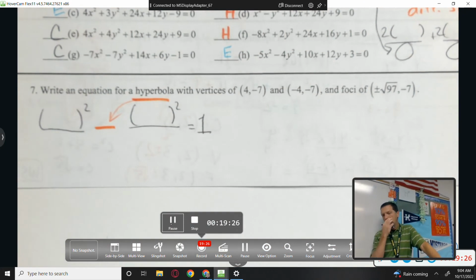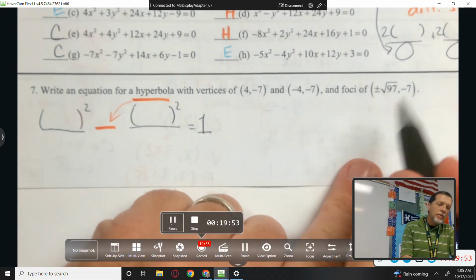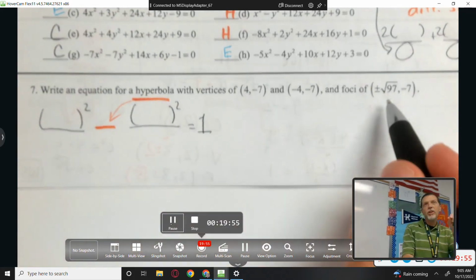With this one, would you not be able to find the center from the foci? It's a little bit harder to find the center from the foci on this one. Like, it's not in order, right? What do you mean it's not in order? Doesn't the plus or minus square root of 97 usually go like this? No, the plus or minus square root of 97 goes on whichever coordinate you want to change.